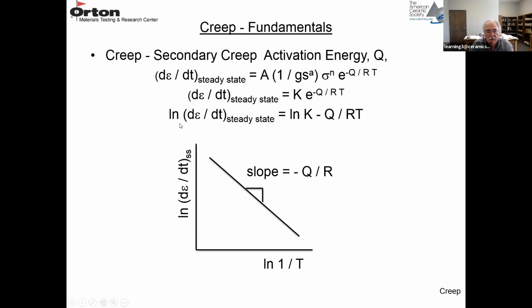Taking the natural log of each side of that equation, the natural log of the strain rate equals the natural log of a constant minus Q over RT. Plotting this, the natural log of the strain rate versus 1 over T, 1 over the temperature, you get a straight line, and the slope is minus Q over R. R is the gas constant, so you can calculate the activation energy. So increasing temperature is from right to left on this, which gives increasing strain rate.